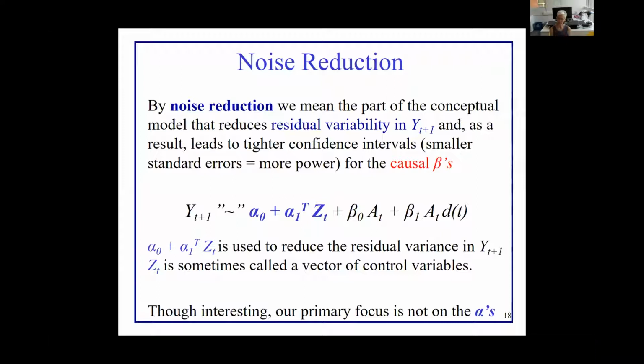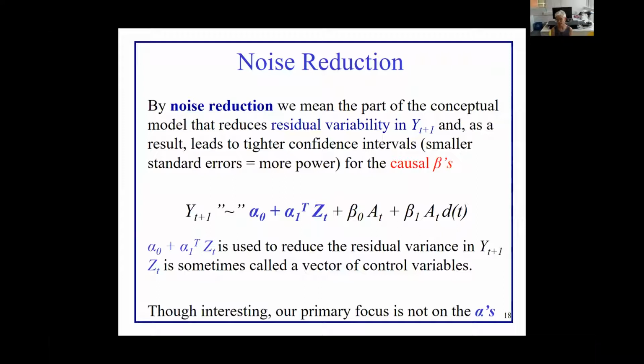So in most studies, like in a lot of health studies, we always use a pre-treatment measure of, for example, how severe the disorder is as a control variable.